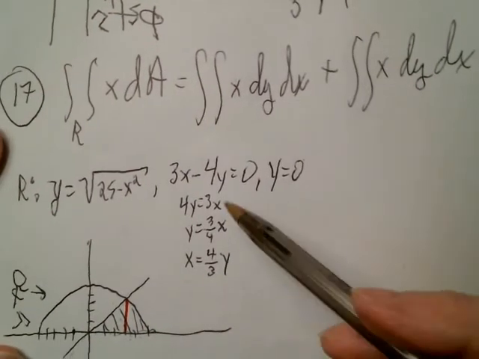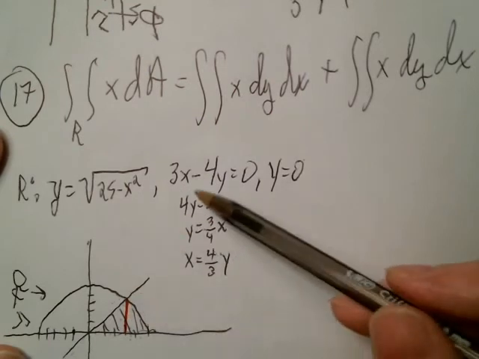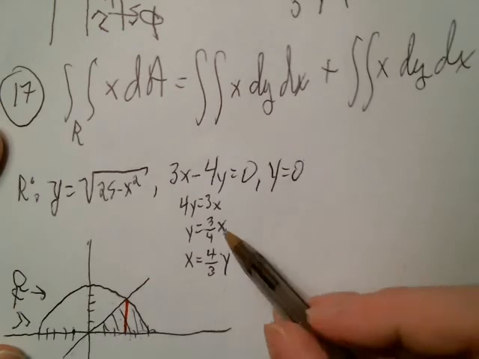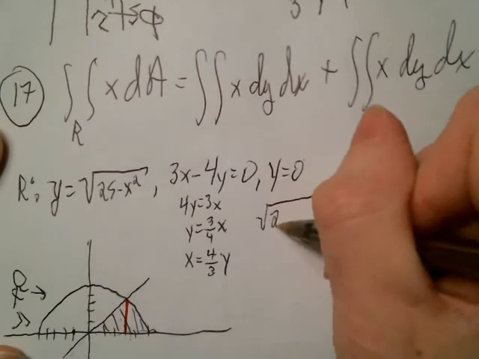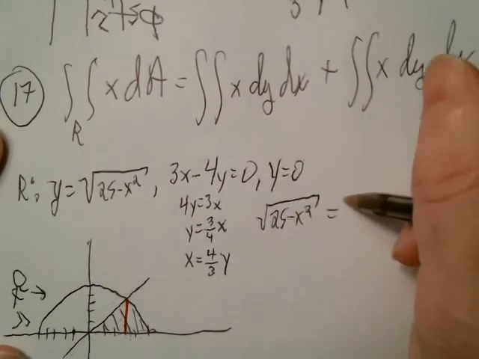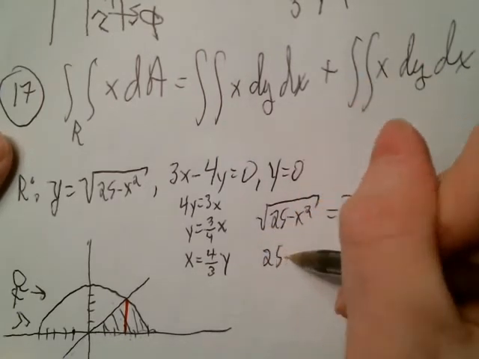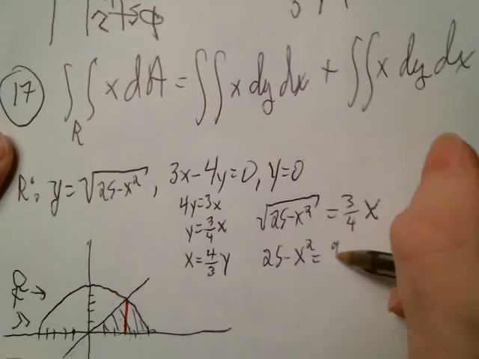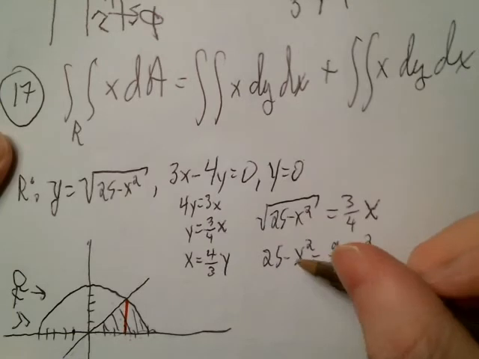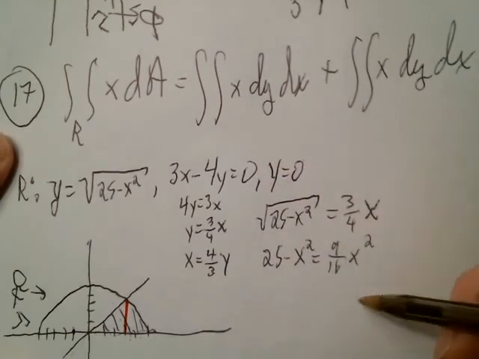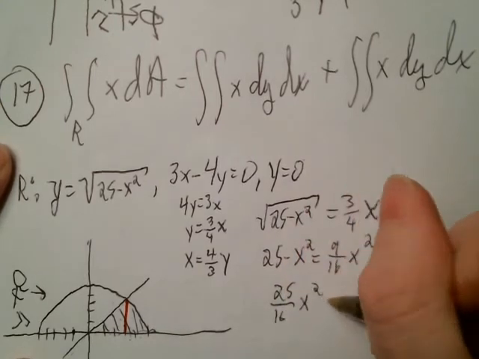So you just set the two equations that are intersecting equal to each other. You take this and set it equal to that. So I'll have square root of 25 minus x squared, and set that equal to 3/4 x. Square both sides, I get 25 minus x squared equals 9/16 x squared. You can add this over to the other side. 16/16 plus 9/16 is 25/16 x squared equals 25.